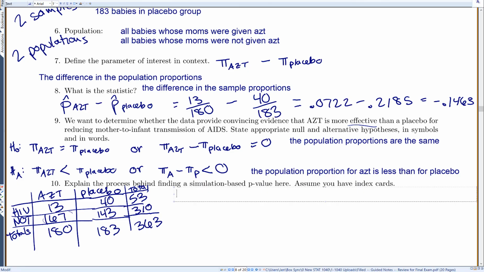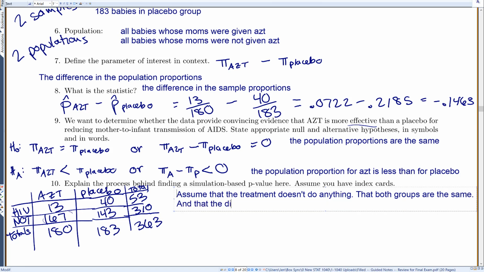Now that I have those numbers, it'll make it easier for me to say how we would do our simulation. Basically, we want to assume that the treatment doesn't do anything, right? That both groups are the same, and that the difference we saw was just chance of who was in our sample.